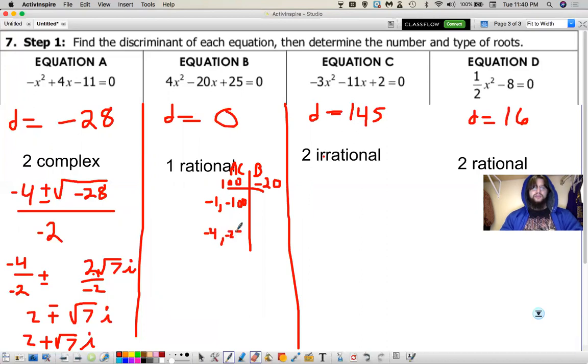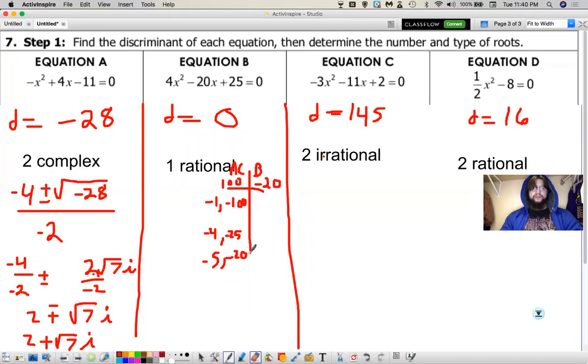That still doesn't work. -5, -20. That's -25.